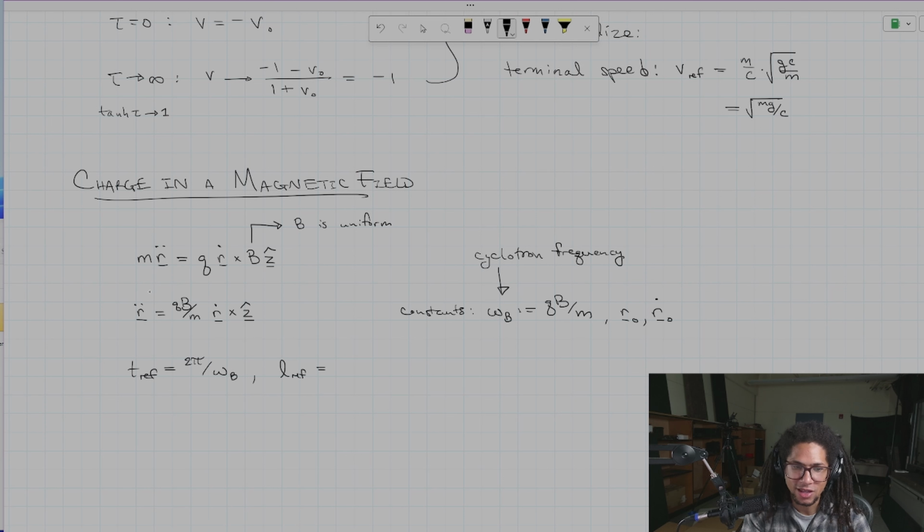It turns out here that the most useful thing to use is going to be not the magnitude of the initial velocity itself, but the magnitude of the initial velocity only in the x and y directions. So I'm going to call that u naught, which is the square root of x naught dot squared plus y naught dot squared.